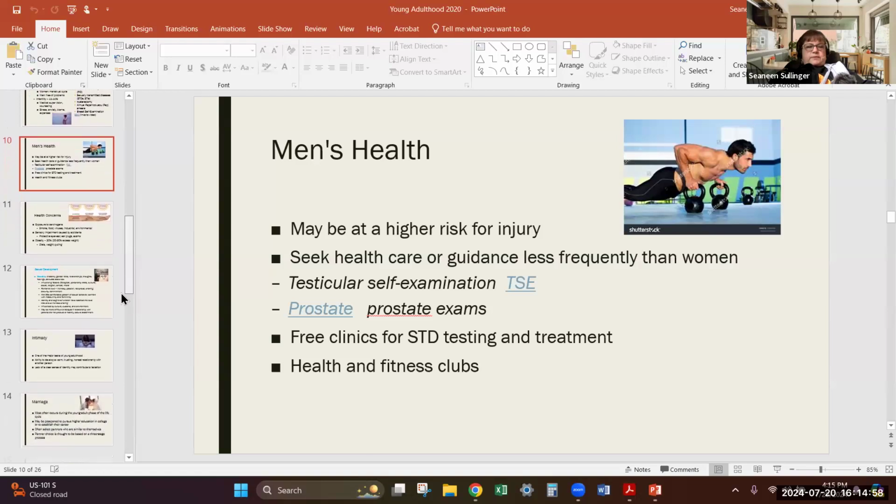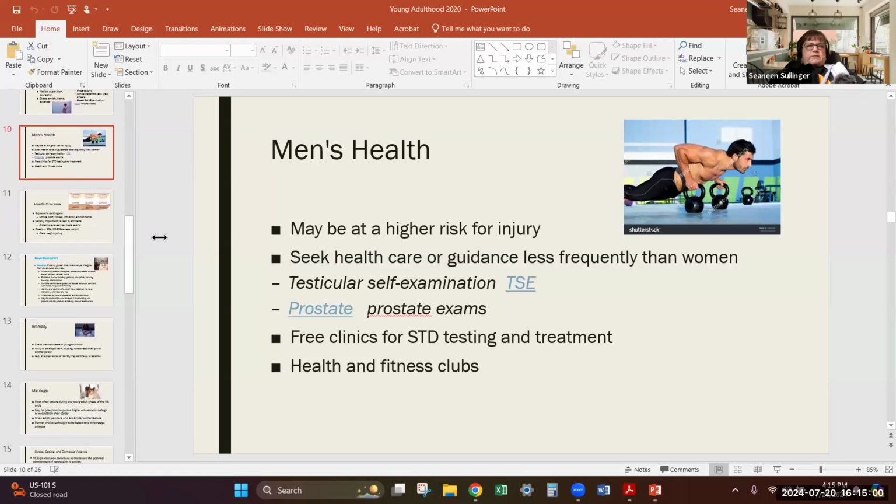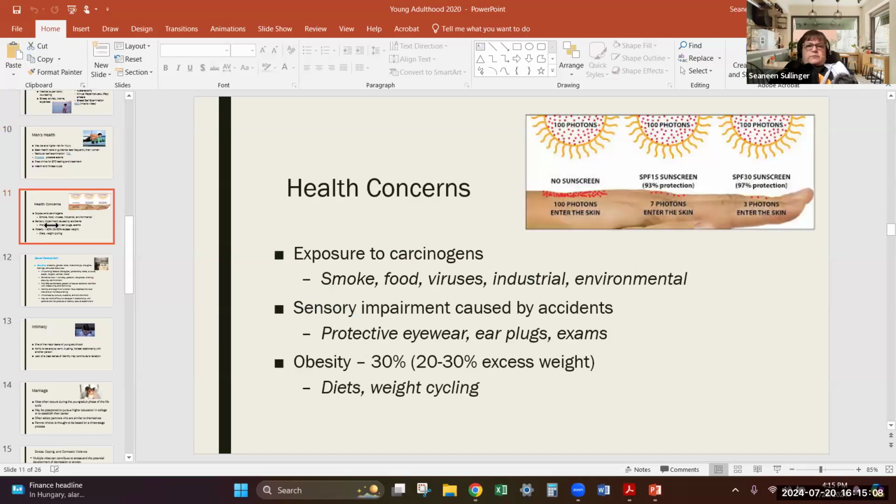Nutrition, be careful about supplements, steroid use, things like that. Enhancers, physical enhancers can be really, really dangerous. So some health concerns for the young adult. If you're looking at a health promotion campaign for the young adult, these could be potential areas for you: obesity, sensory impairments, exposure to carcinogens.